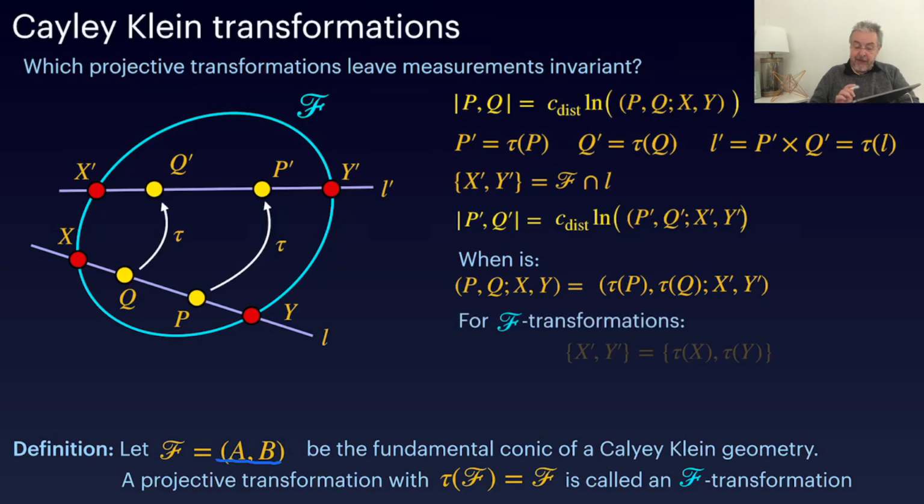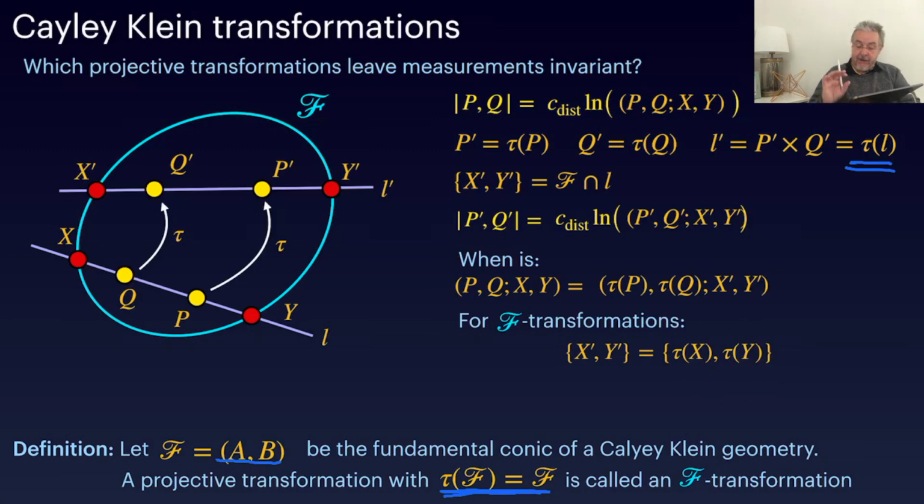So for F transformations, these pairs of points that you have here, this x prime and y prime, are the intersections of L prime. And you remember, L prime was the image of L, and F was also the image of itself. So these intersections have to be mapped to the two transformed images of x and y.